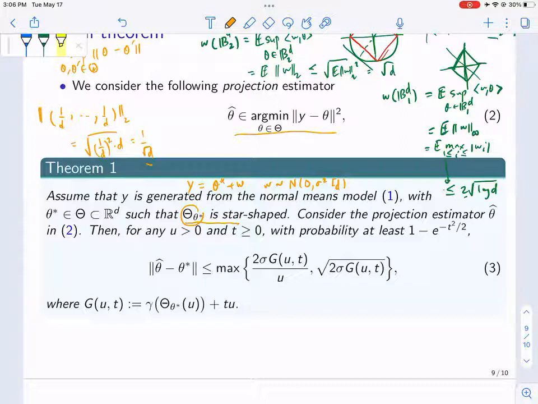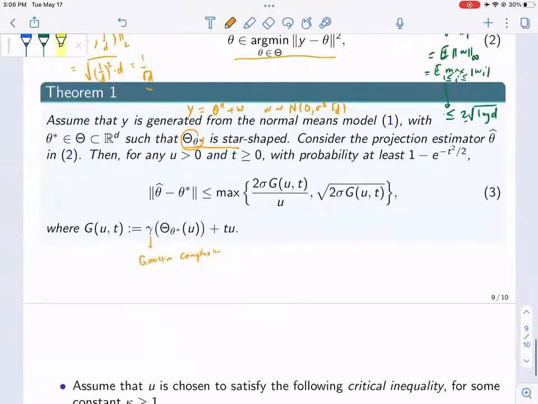The key quantity here is gamma, which is related to the Gaussian complexity. What it is saying is gamma of theta star, u, is the supremum over theta in theta star u of w times theta.